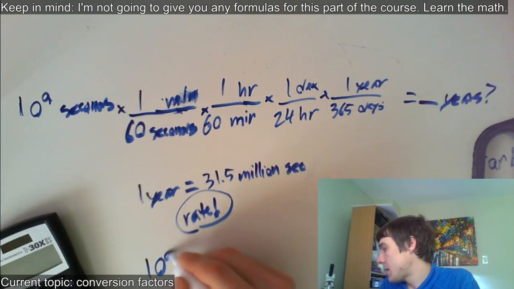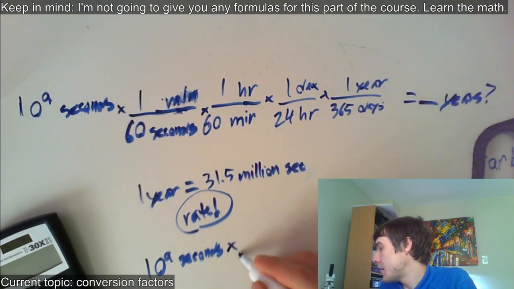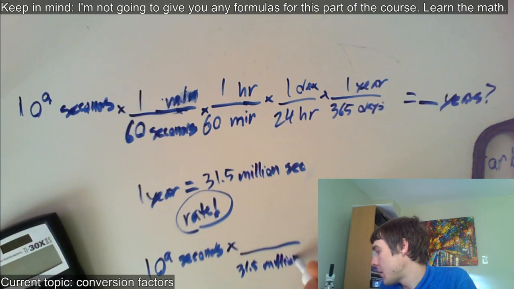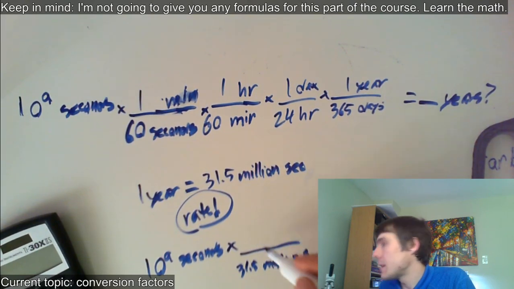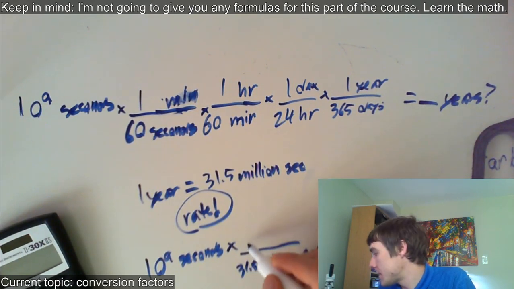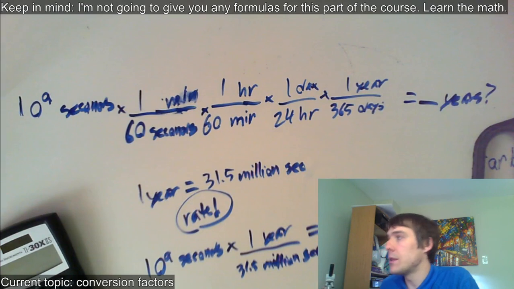10 to the 9 seconds times, now my seconds is going to be on the bottom, 31.5 million seconds. Million seconds on the top is 1 year, and I can get an answer in years.